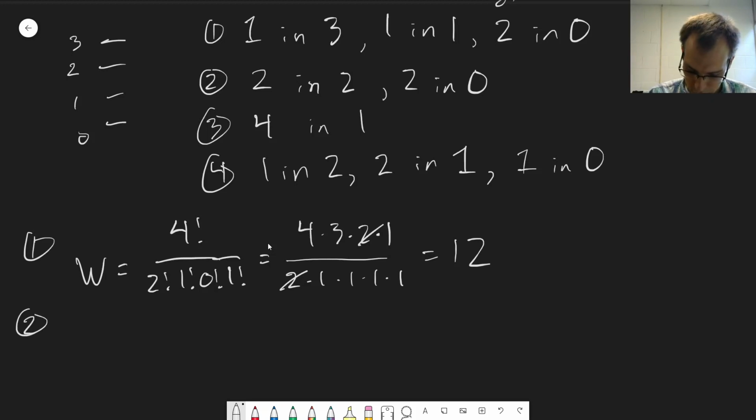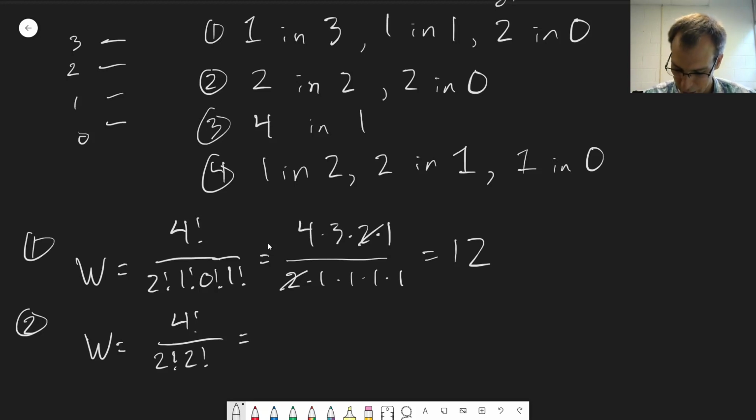All right, so for 2, W will be equal to 4 factorial, I'm going to leave out the zeros now, divided by 2 factorial times 2 factorial. The zeros are still there, but they just don't matter. So we'll get 4 times 3 times 2 divided by 2 times 2, which will give us 6. For example 3, this is our case where everything's ordered. All the molecules are in the same state.